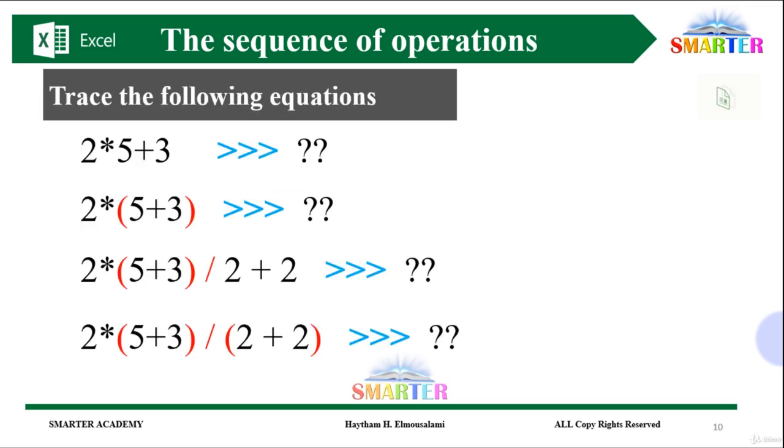So let's take this example. If you want to follow the steps of execution of the following formula, 2 multiplication 5 plus 3, the question is, which operation will be executed first? Multiplication or addition?